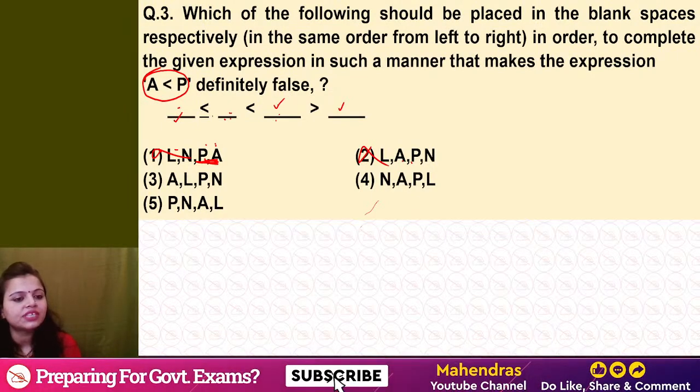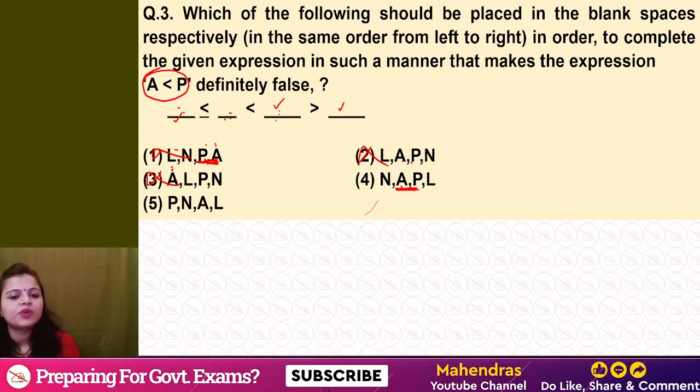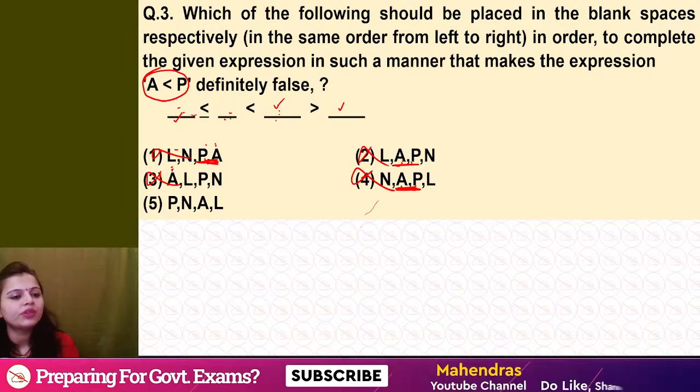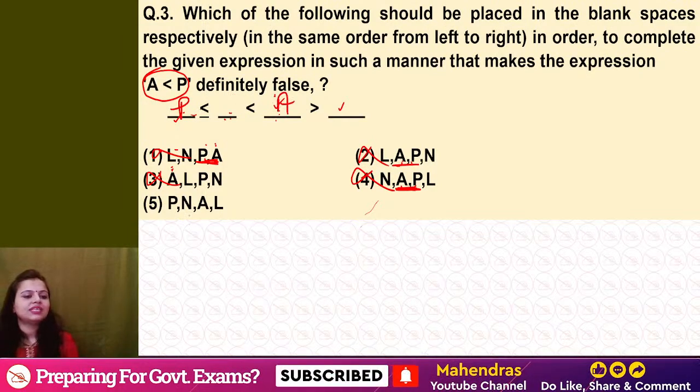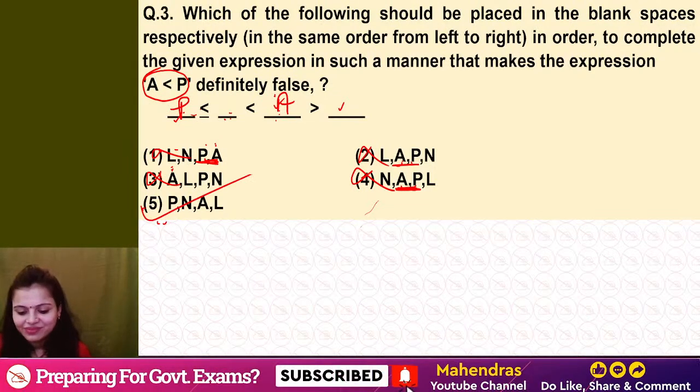If A is on the first and P in the second, then A less than P again, not definitely false. This A and P position we have already checked in the second option. So the fourth one is again wrong. Now the fifth one: P on the first and A in the third. See, P is less than A. P is less than A. Yes. So your answer will be option 5. Okay.